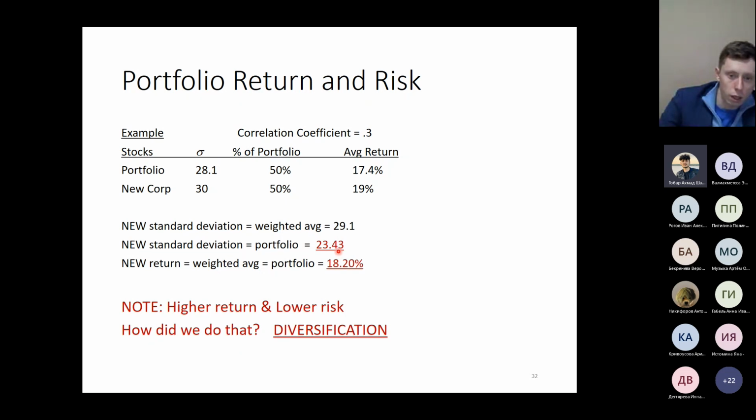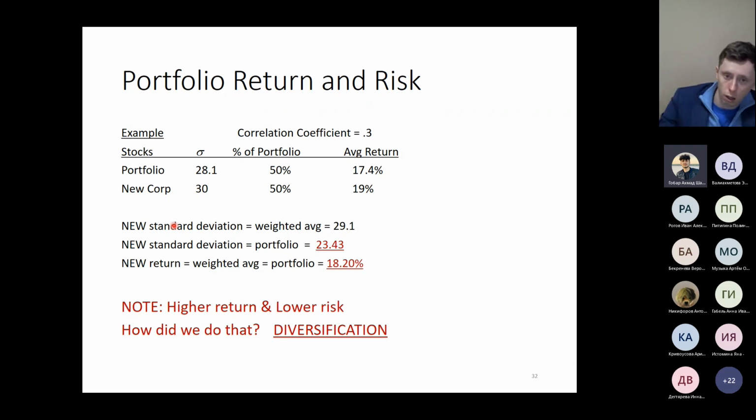And what we have here, compared with the previous portfolio, is a higher return, 18.2 against 17.4, and a lower standard deviation, 23.43 against 28.1. So this new portfolio beats the initial one in both dimensions. So it is generally better in any sense.